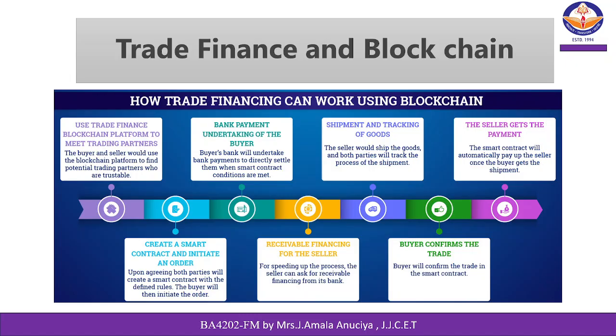So how can trade finance make proper use of blockchain? It can do it in multiple ways. First, let's list them. The buyers and sellers can find trading partners using blockchain. Both parties agree with each other and initiate the smart contract. The smart contract is created first.